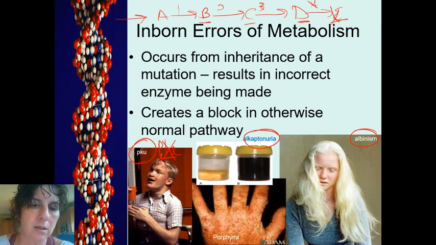Sounds easy, but it's not that easy. That means no breast milk, and that means a special formula. And you've got to remember, these children still have to grow. They still have to build muscle and bone and all of that. So they need protein. You're going to have to give them protein, but you just have to give them a very specified amount of protein that doesn't have phenylalanine in it.